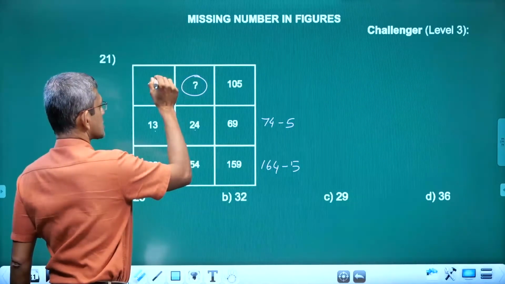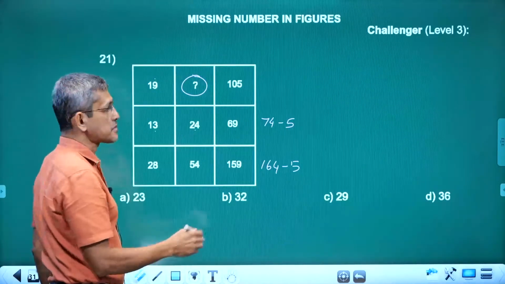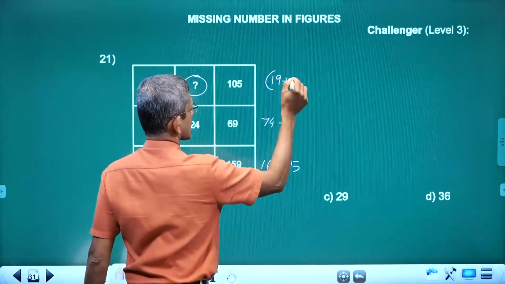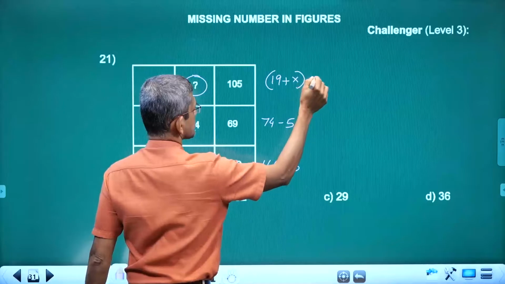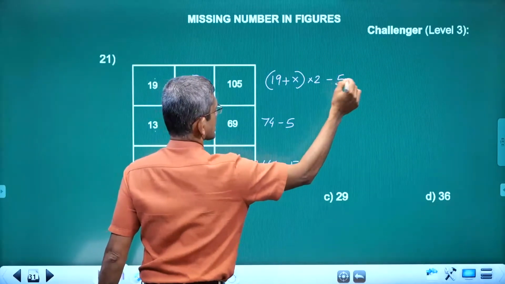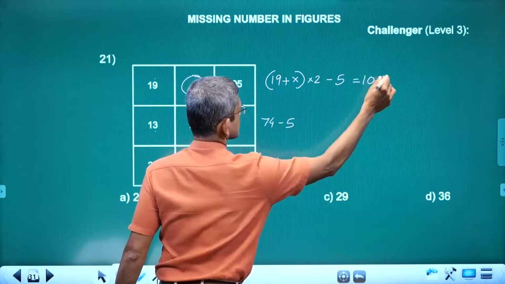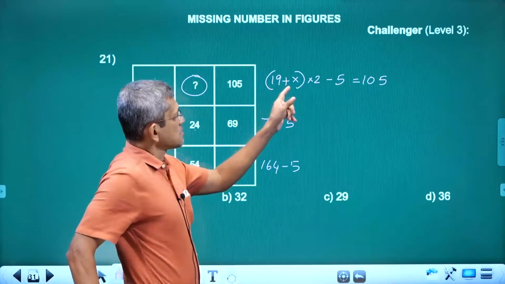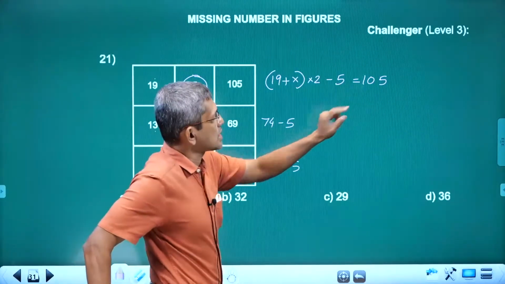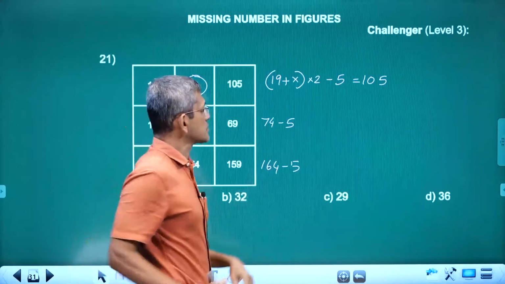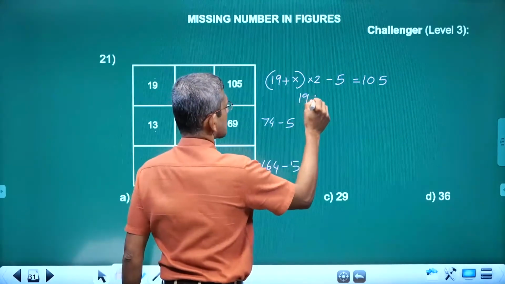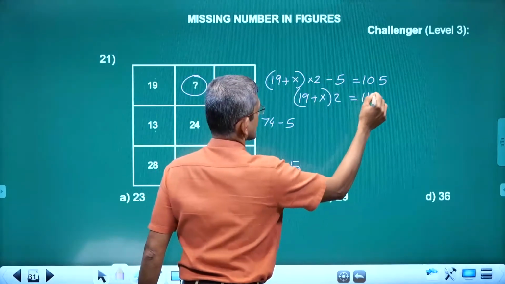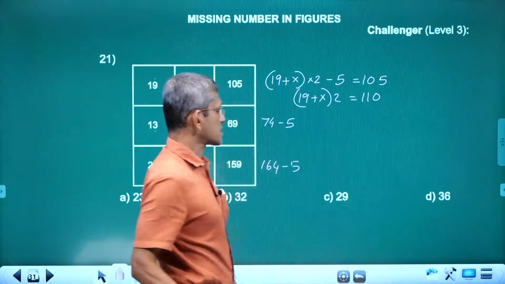So if you add those two numbers, we call that number x. So 19 plus x, into 2, minus 5, what do you get? 105. Correct? Or ultimately 19 plus x into 2 will get 110, because we take that 5 to the other side.